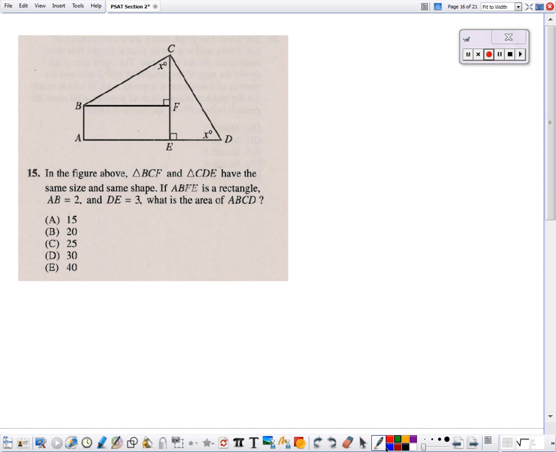First I will label my picture. Area of ABCD. So that's the whole figure. If this triangle is congruent to this triangle, which is what they're saying by same size and shape, I know that this piece is congruent to this piece, and the whole leg here, CE, will equal BF.